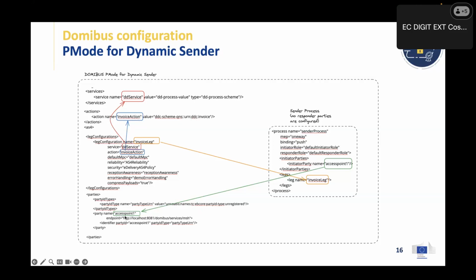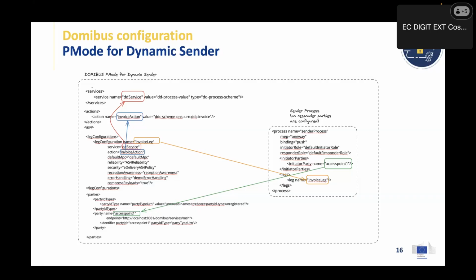I have to define my participant. So this is the sender. This is the access point which sends messages. And then after I do all this configuration, I will have to create a process which aggregates and uses these values that I configured here, and creates a process for the dynamic sender.